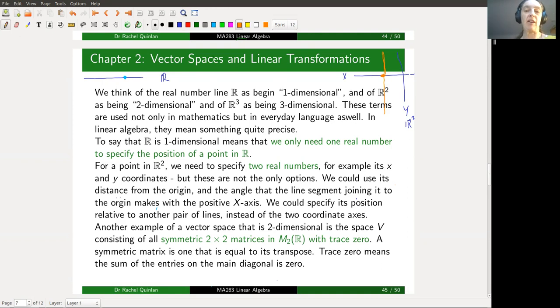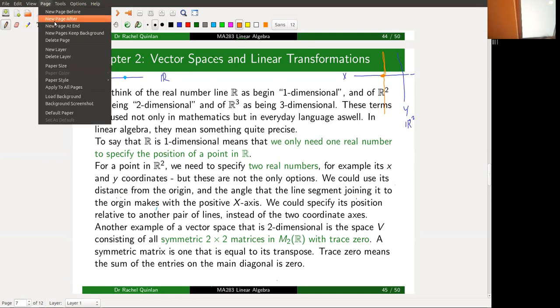So the assertion here is that another example of a vector space that is two-dimensional is a space V consisting of all symmetric 2x2 matrices with entries in the real numbers that have trace 0. So let's quickly have a look at that and think about what this means. So let's write a little note about V here.